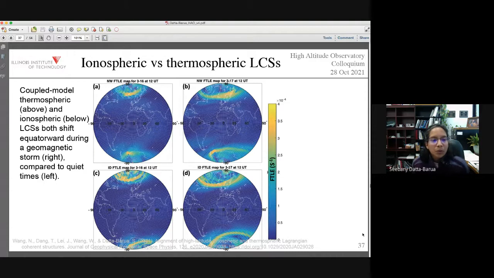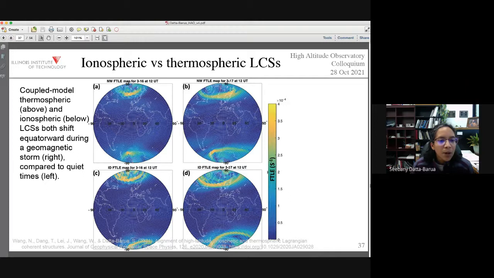So seeing some similarity and seeing that response to geomagnetic activity in the thermosphere, Ningqiao Wang, who is now a postdoc at Hampton University, used TIE-GCM to take advantage of a coupled first principles model that includes the behavior of the thermosphere and ionosphere sort of self-consistently.